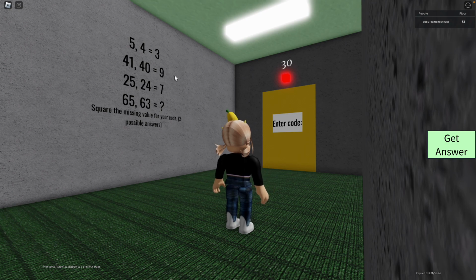That's how they got this is a square root of 9. So that's how I was able to resolve and figure out that they were doing square roots because 25 plus 24 equals 49. The square root of 49 is 7. So if we use that same logic and we add 65 plus 63, it comes out to 128.